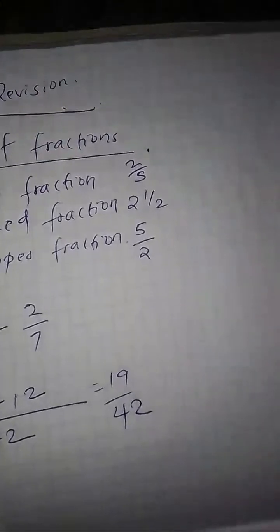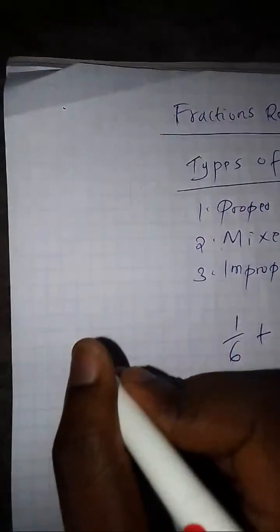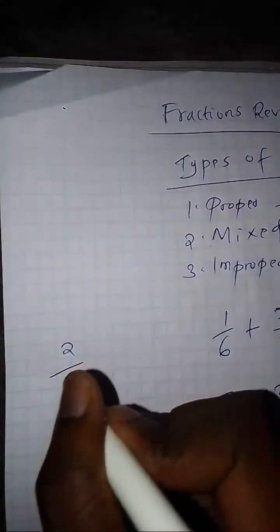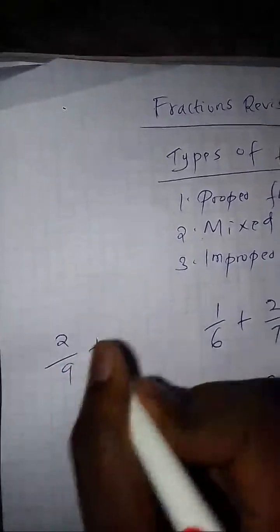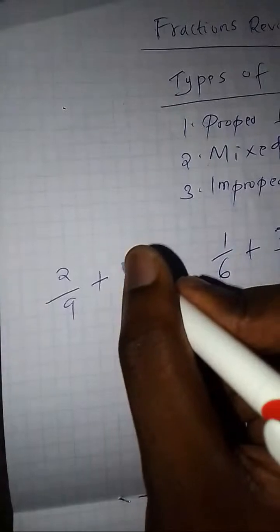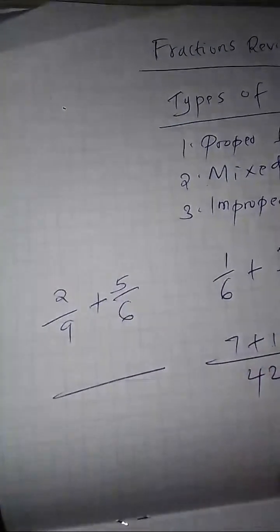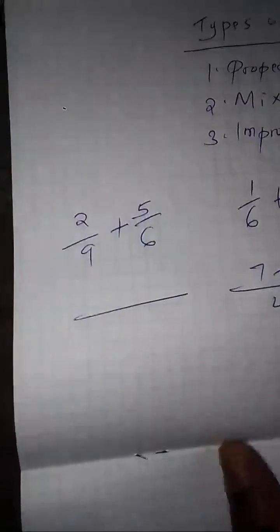Let us try another one. Let us pick a fraction like 2 over 9, and add it to 5 over 6. Let's use the same method.